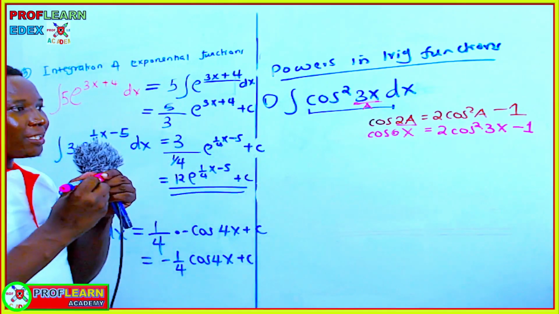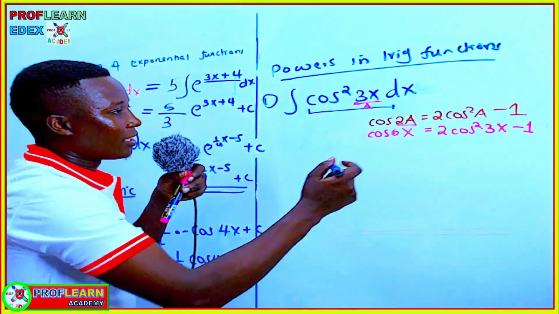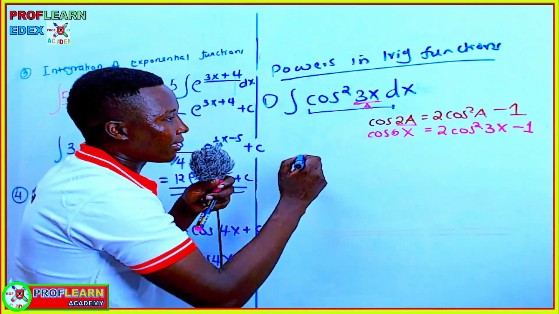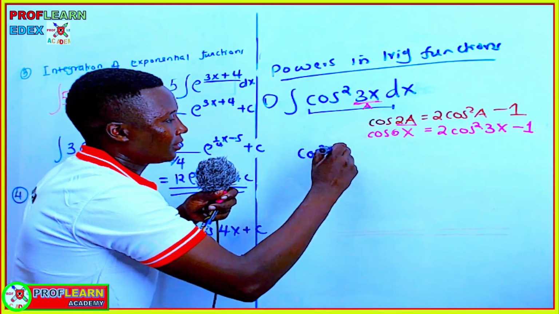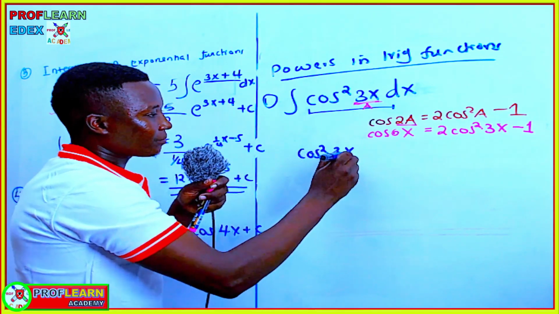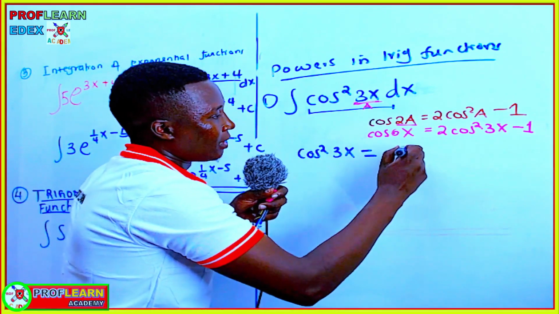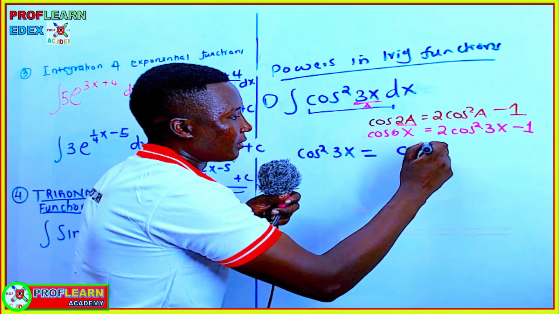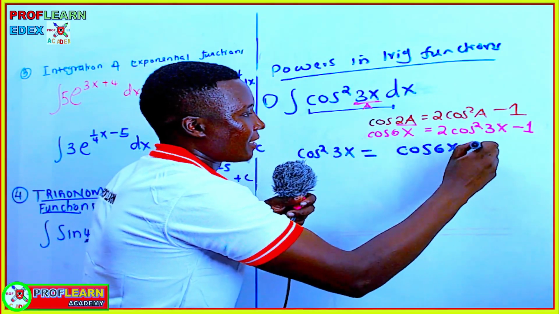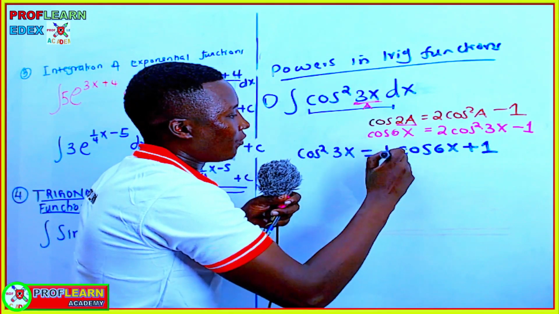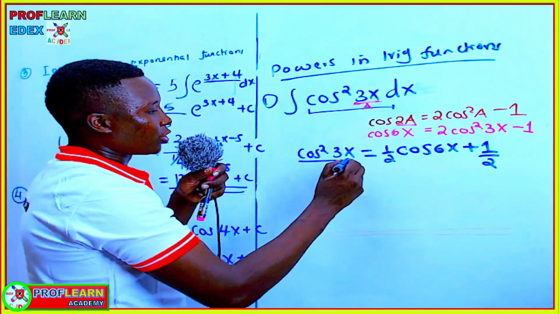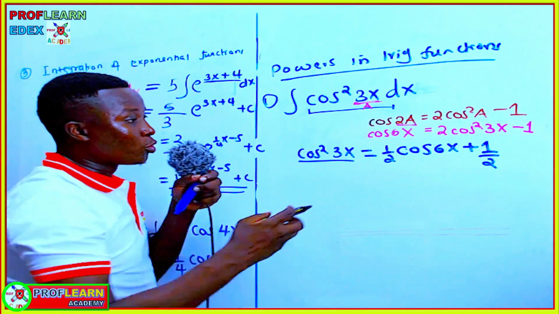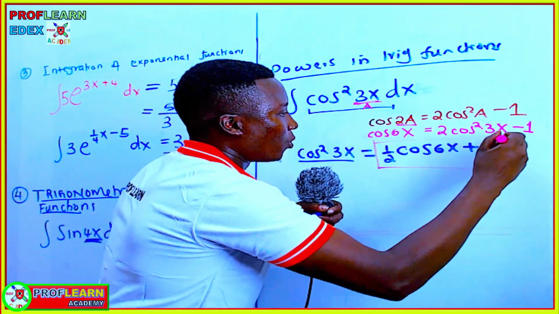So we can rearrange this expression and say cos squared 3x is the same as cos 6x plus 1, then over 2. This expression that we have here can be replaced with this.